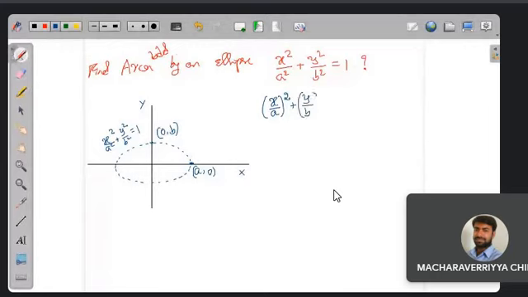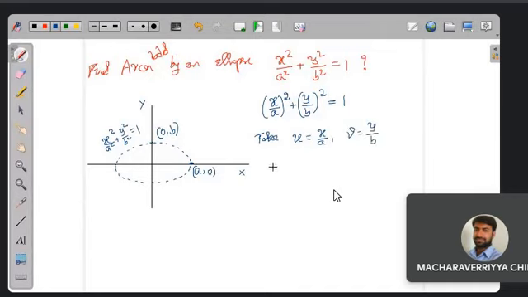Now if I assume this entire expression itself is some variable, then it looks like u squared plus v squared equal to 1. What I mean is, you choose the new coordinates, that is u equal to x by a and v equal to y by b.